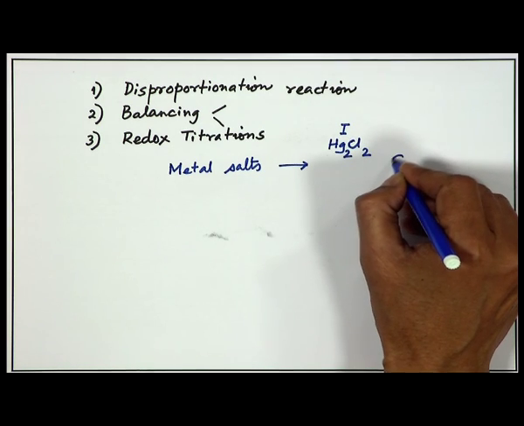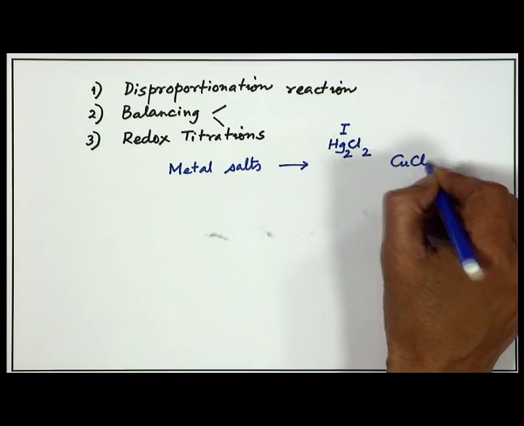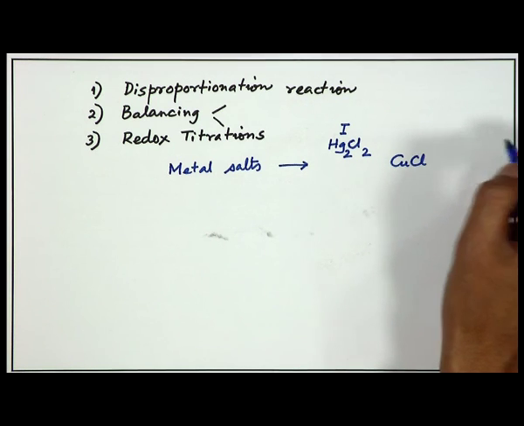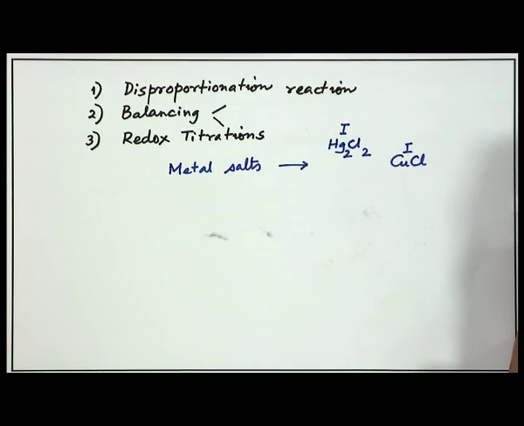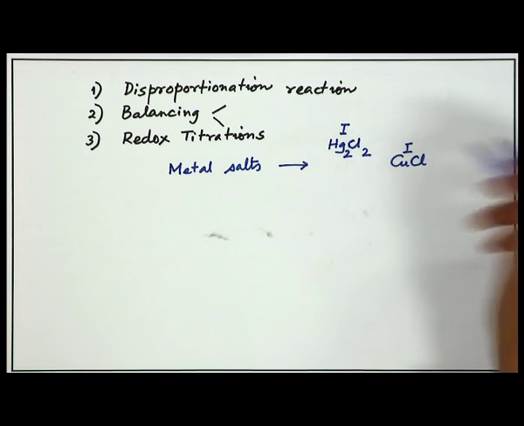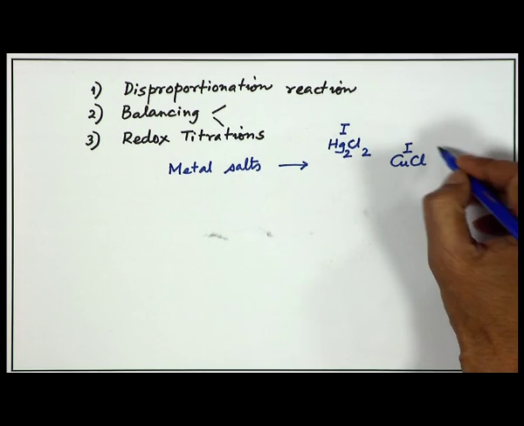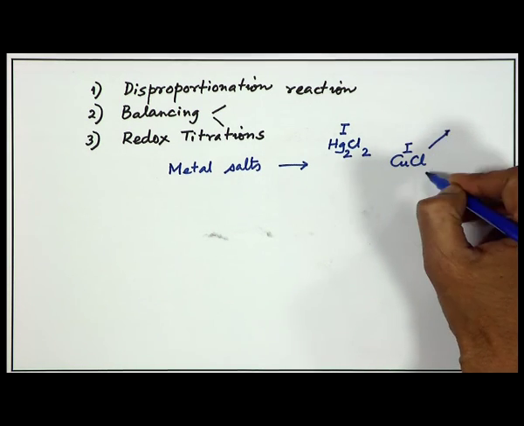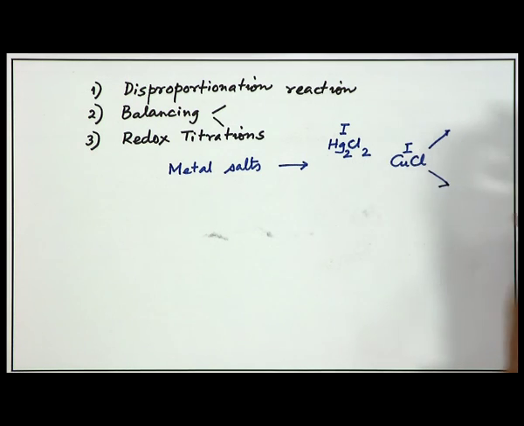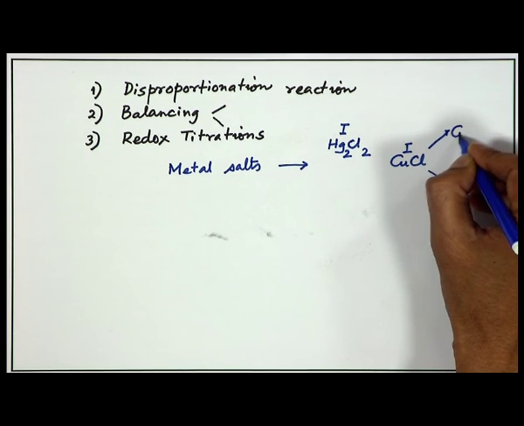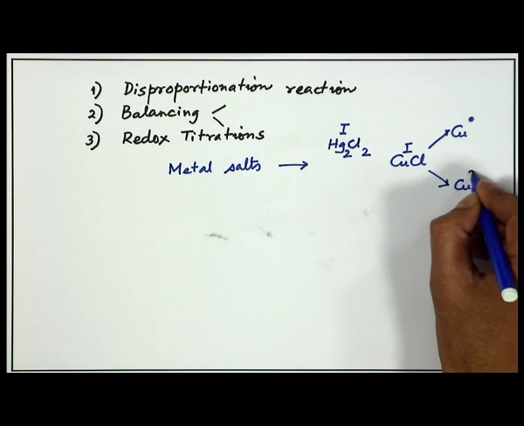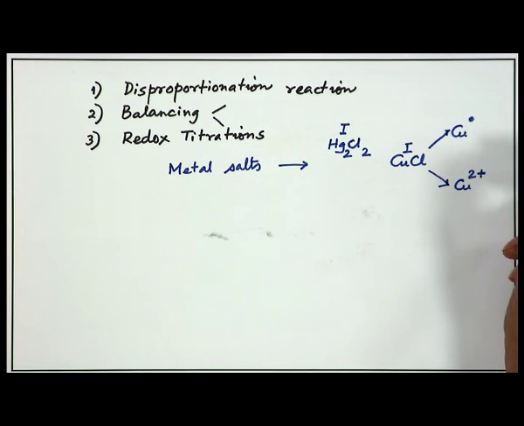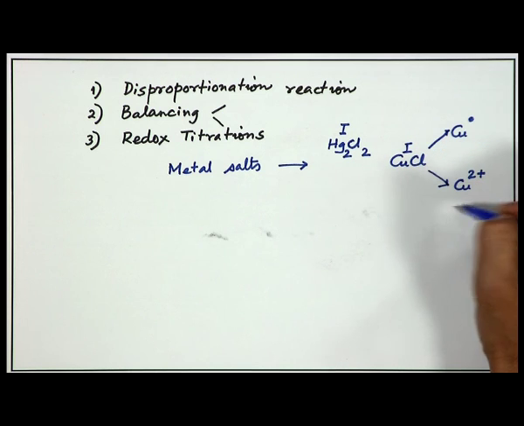Another example is copper in again +1 oxidation state, which is cuprous chloride. It can also happen in aqueous solution, in water medium, that it can go up to copper 0 or down to copper 2 plus, which is also a typical disproportionation reaction.